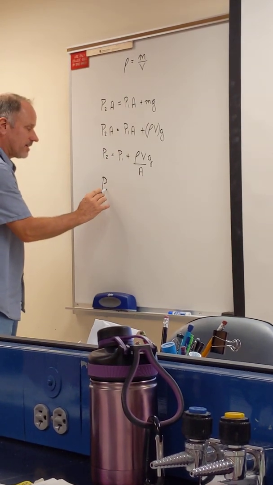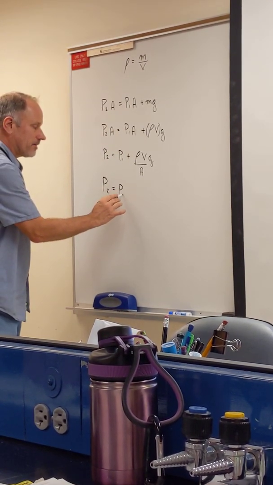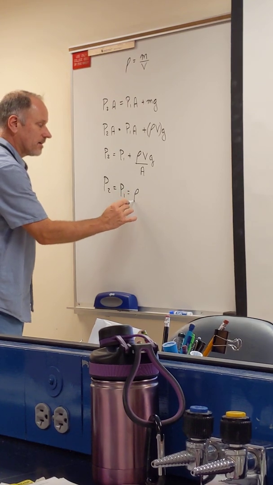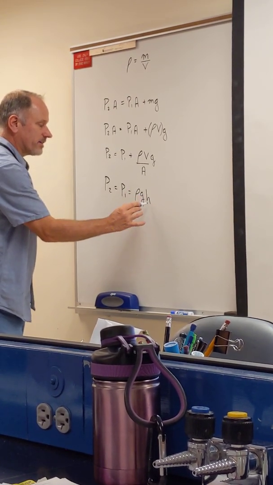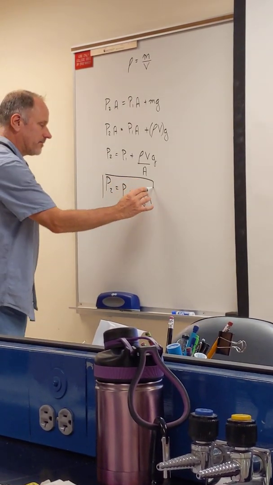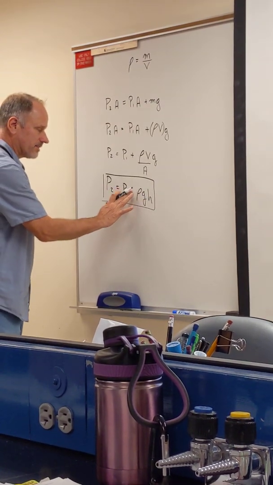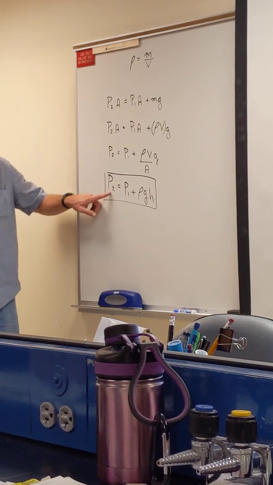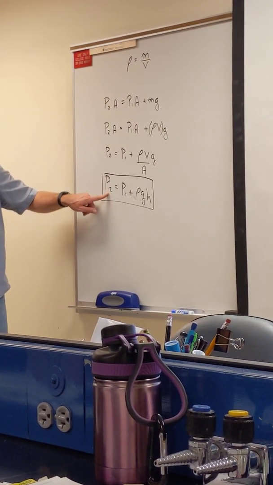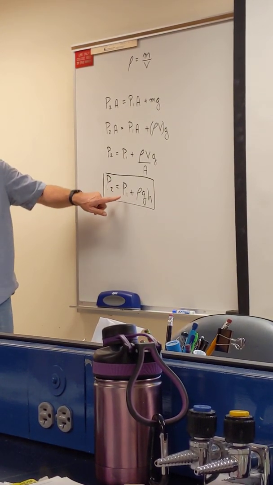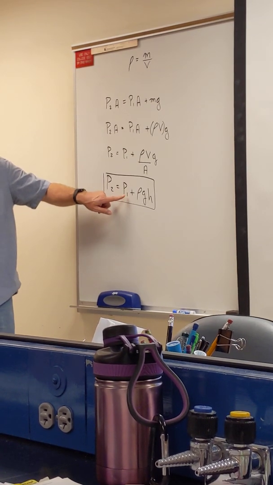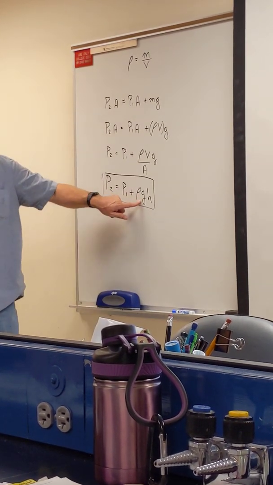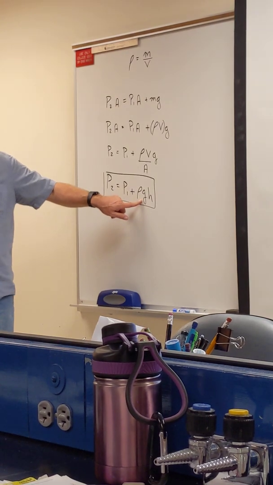So this is the relationship between the pressures in a liquid. Oops, that's a plus. The pressure lower down in the liquid is equal to the pressure higher up plus the additional pressure due to the column of liquid above you.